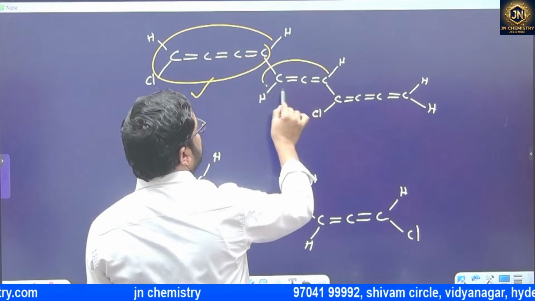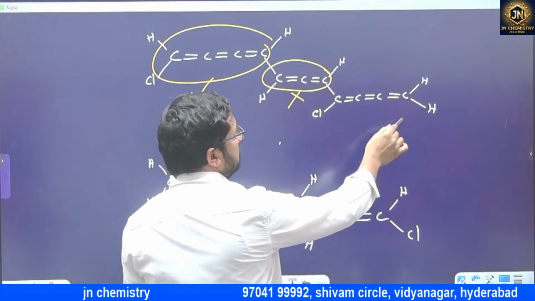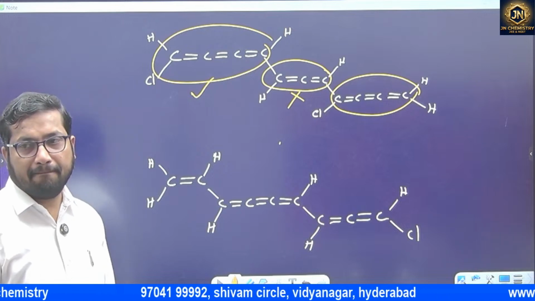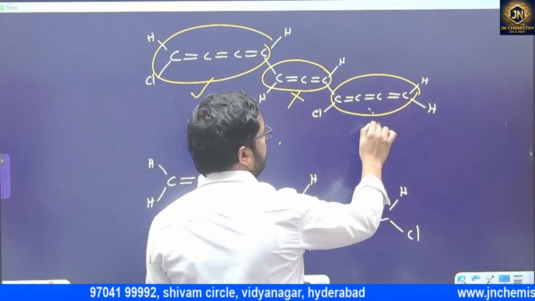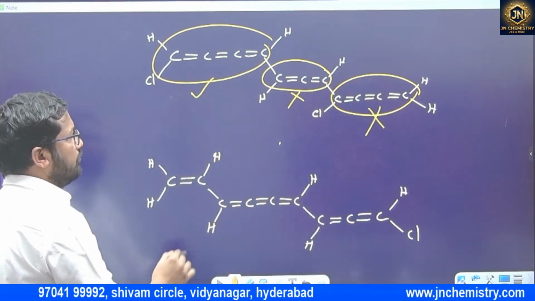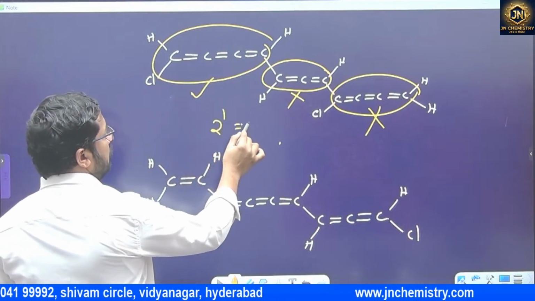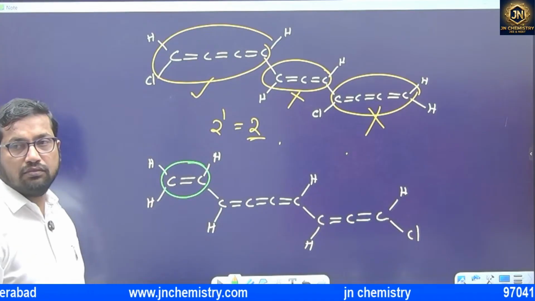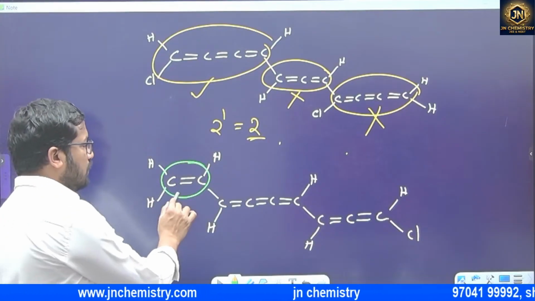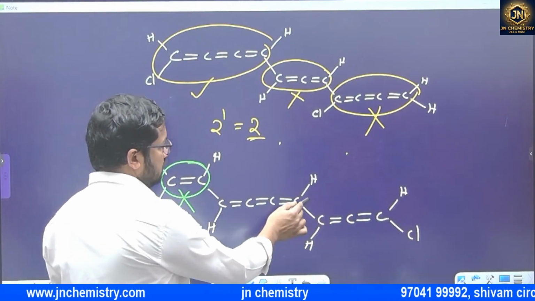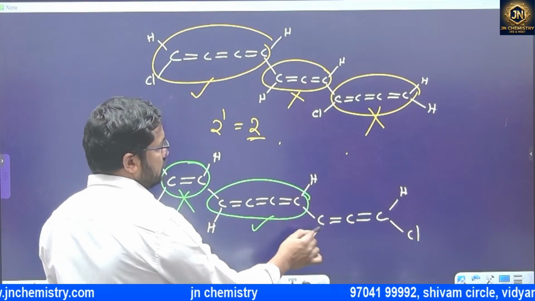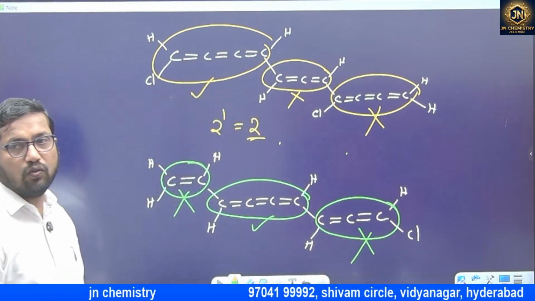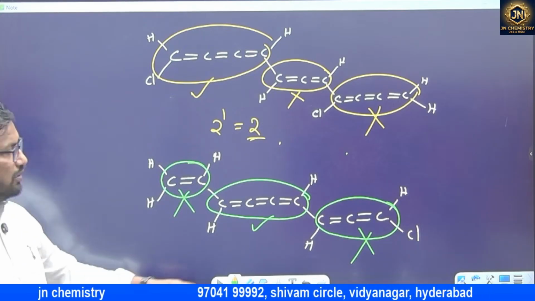This one? No. This one? Yes or no? No. Why? Both are same. 2 power 1, 2. This one? No. This one? Yes. This one? No. Even number.